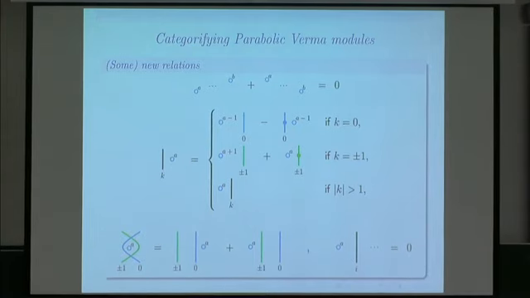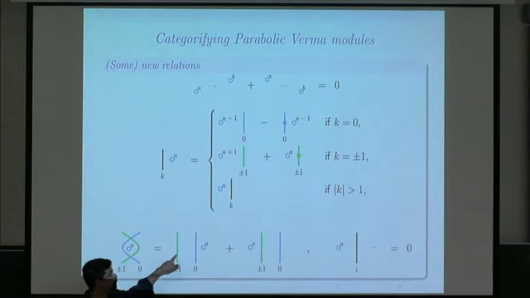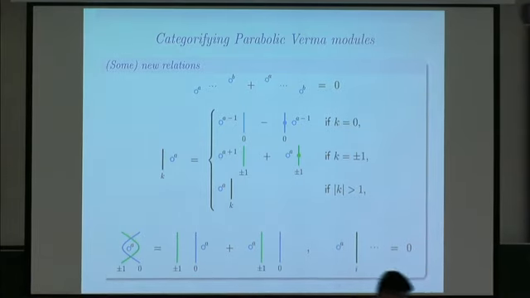L plus minus is the number of strands labeled plus and minus 1 at the left of our floating dot. Like here, it would be 1. So you can compute, supposing that there's nothing at the left, the degrees of the floating dots easily. But the important feature is that this is non-local.